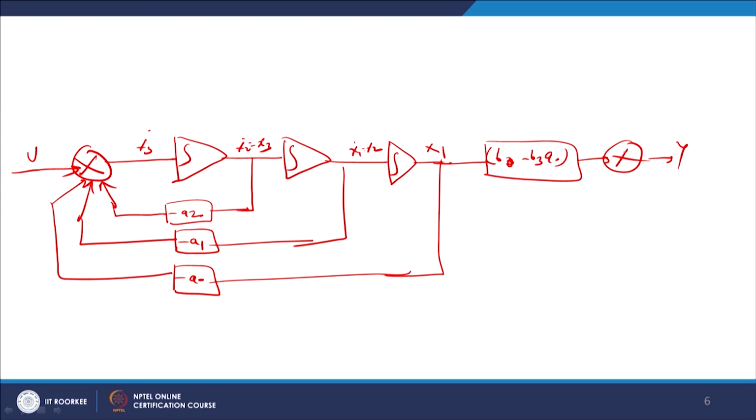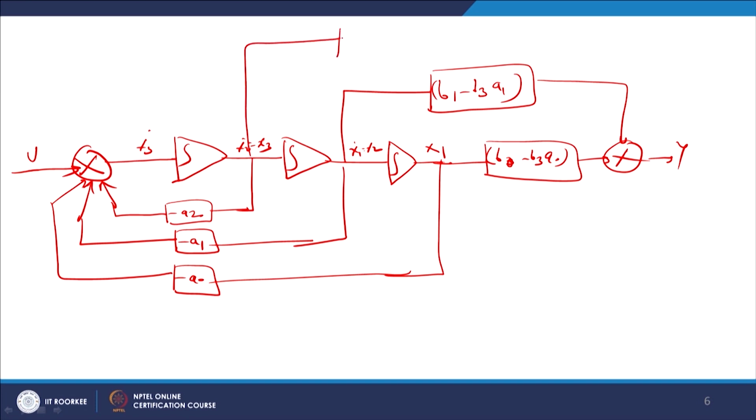Now another variable comes, from x1 dot equals x2: b1 minus b3 into a1, we can connect here, and another is x3: b2 minus b3 into a2, connect here.